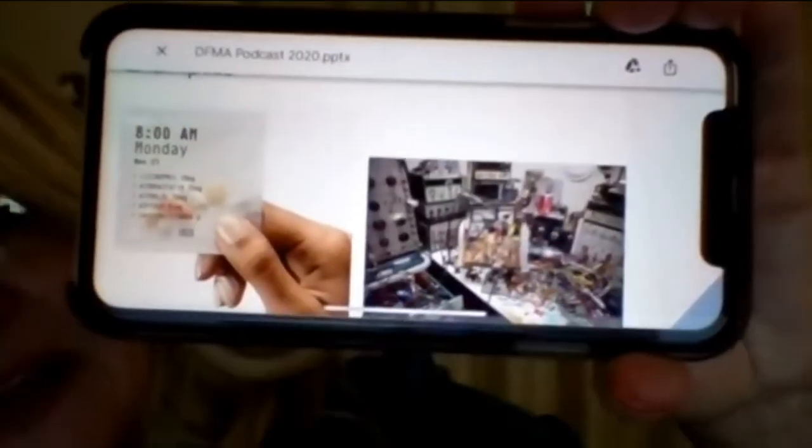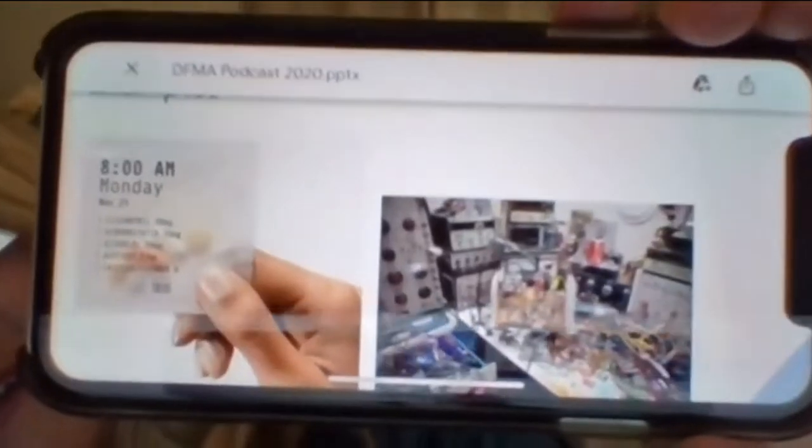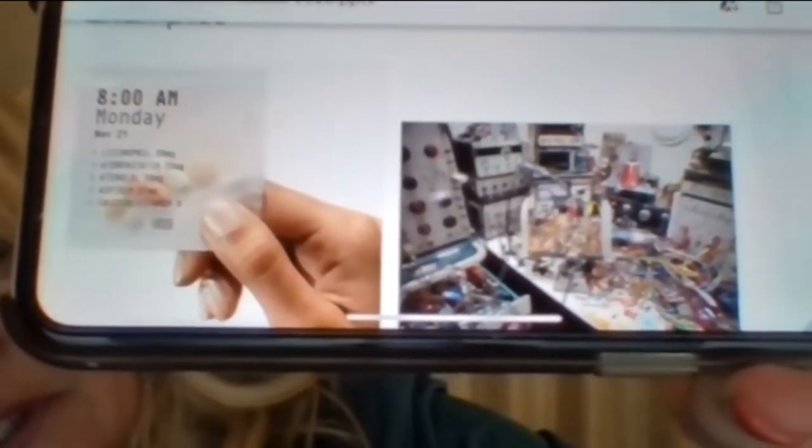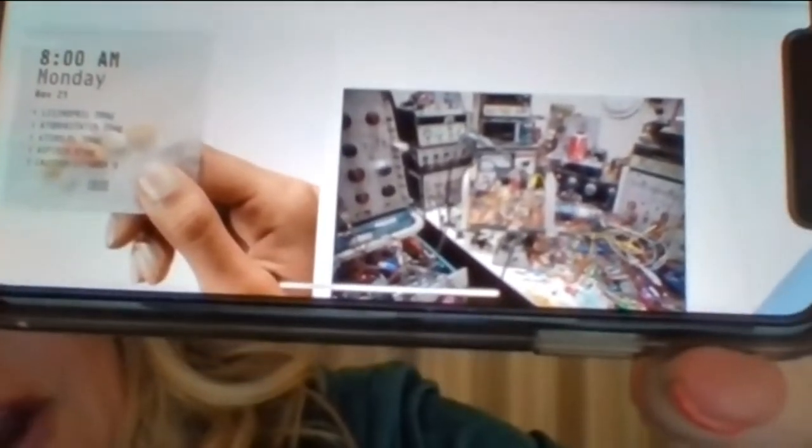I pulled up a photo this morning in hopes that I'd have a chance to show an example. Poka is hard to explain just verbally, but may I hold this up and show your audience? So here we have an actual medical device manufacturing laboratory, the first picture with all the cables and guts everywhere.